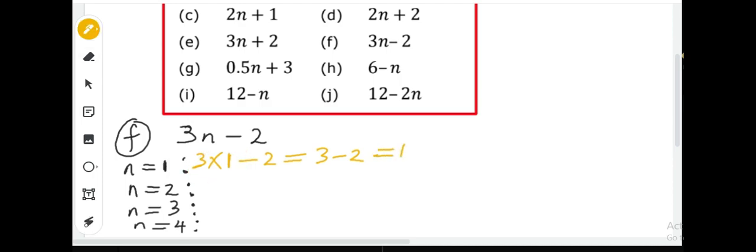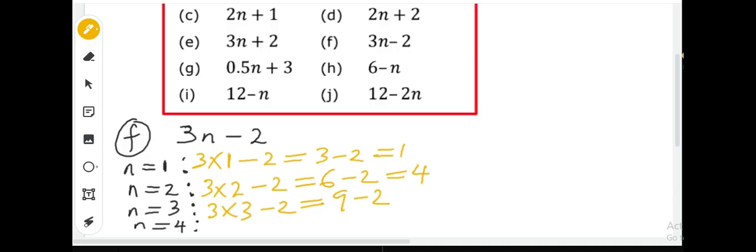The other one is 3 times 2, then minus 2, which is 6 minus 2, and that's 4. This one is 3 times 3, then minus 2, which is 9 minus 2, and that's 7. This is 3 times 4, then minus 2, which is 12 minus 2.